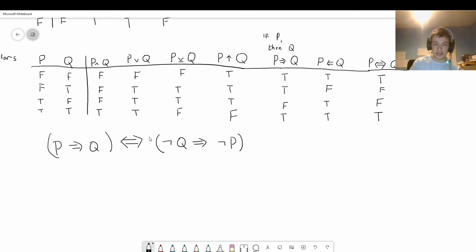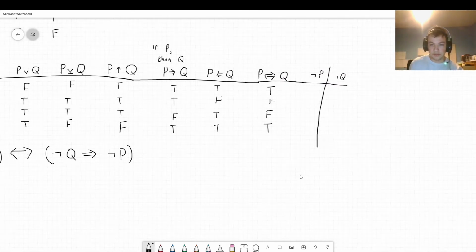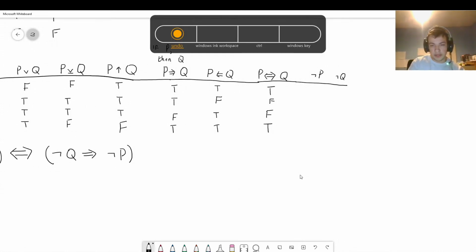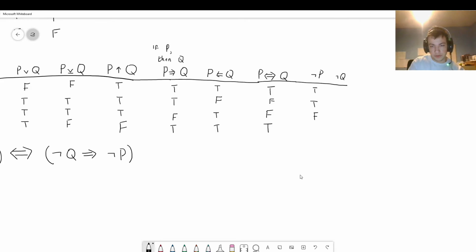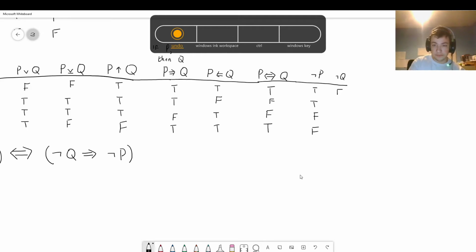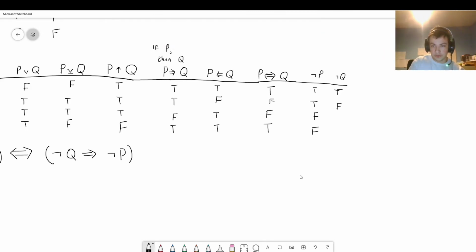We can see that by sticking in not P and not Q. Not P is going to be true, true, false, false, no, sorry, true, false, true, false. And then not Q implies not P, with brackets to help.